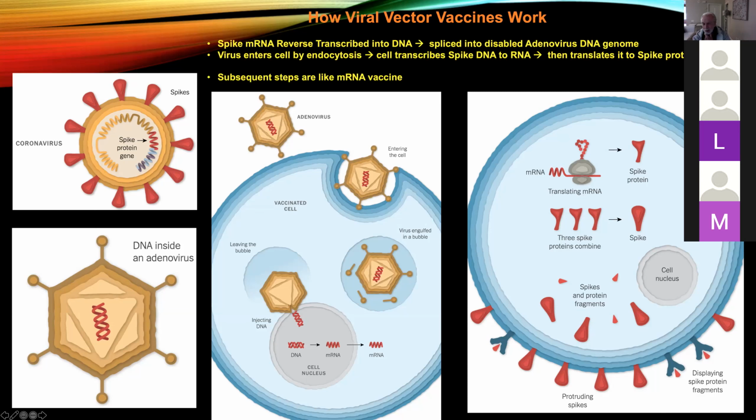Well, there was a Nobel Prize awarded to two guys who showed that's not true. That RNA can be reverse transcribed back to DNA. And that ability to reverse transcribe RNA to DNA is very important in biology today. It's used all the time in many different types of labs.